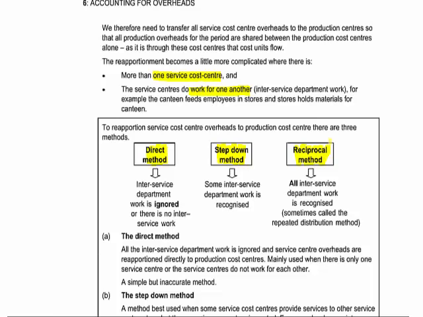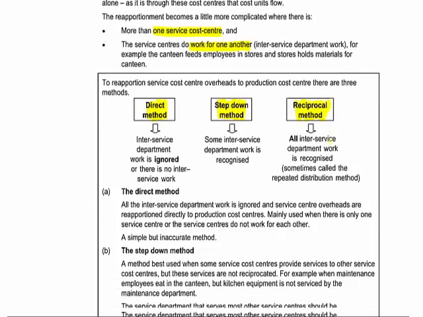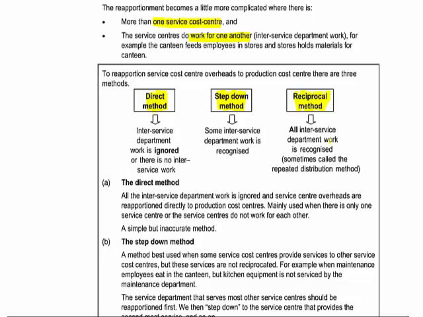And as you go across this diagram, they get increasingly complicated. In the direct method, inter-service departmental work is ignored, or there isn't any. In the step-down method, some is recognised, and in the reciprocal method, all of the inter-service departmental work is recognised.